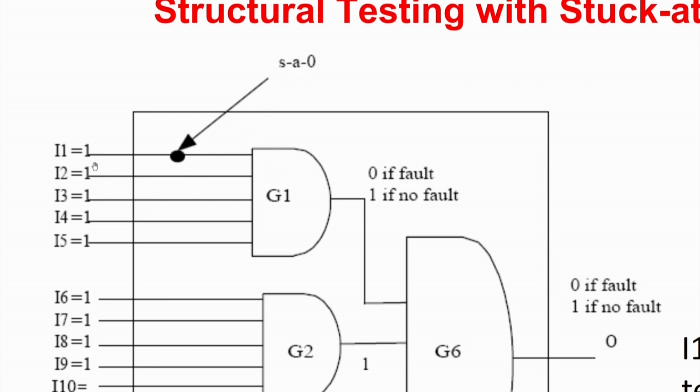And of course all other lines have to be 1, because if any of the lines is 0, this line will be nullified. If I make I5 equal to 0, whatever be the case with this line, faulty or non-faulty, the output of the AND gate G1 will be 0, and I cannot do anything. So I have to make all these lines 1, so this is actually sensitized and I can look at the fault value.